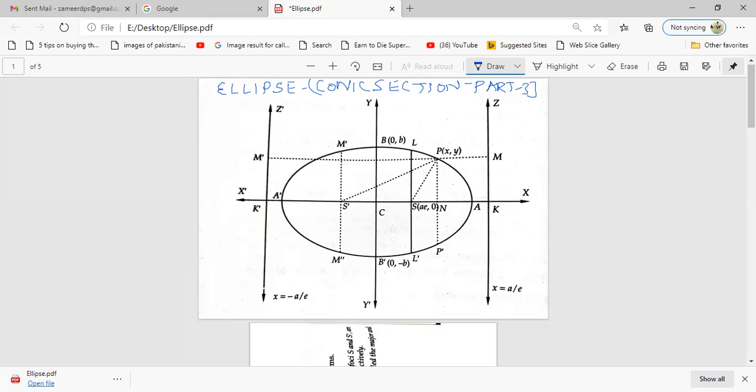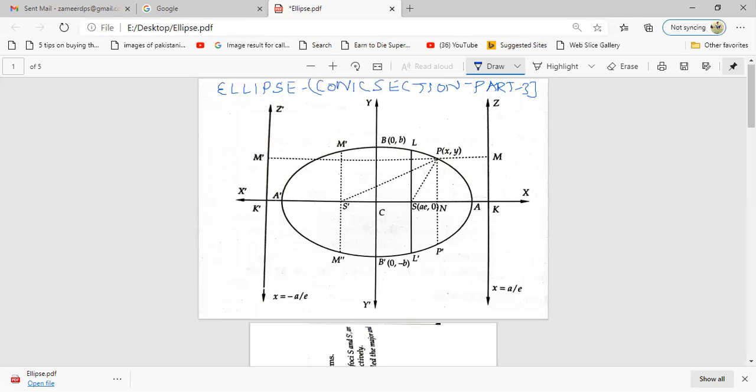In ellipse, you can see this is the diagram of an ellipse, so you know better about the shape of an ellipse. Here in parabola, we have seen this point and this line. Half of this you will find is not a parabola.